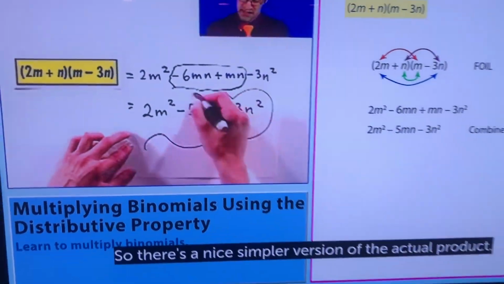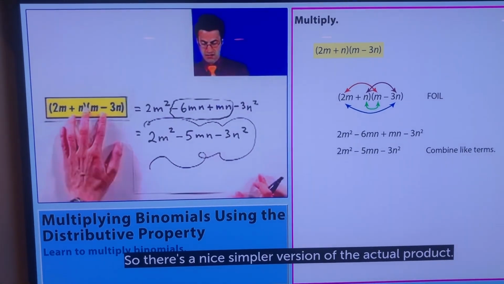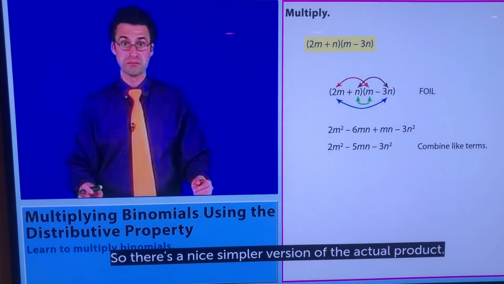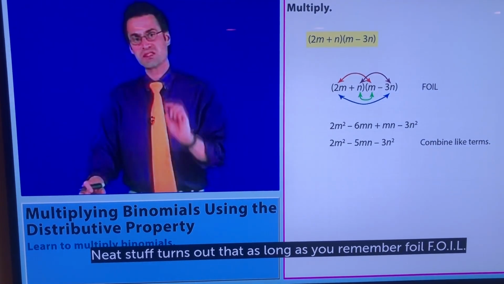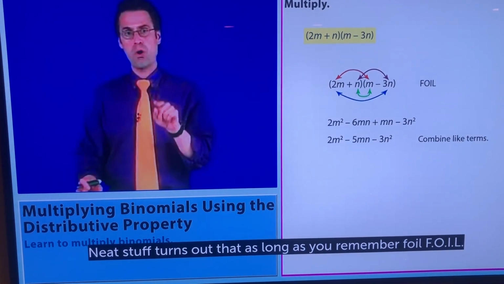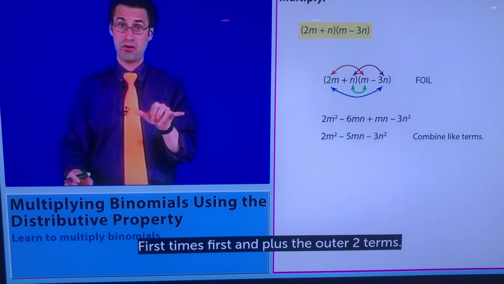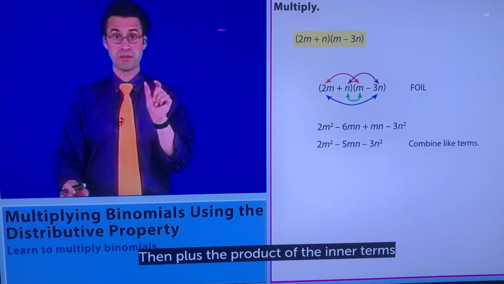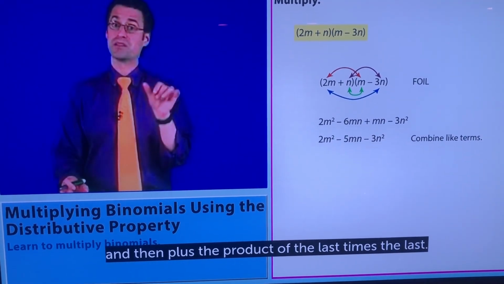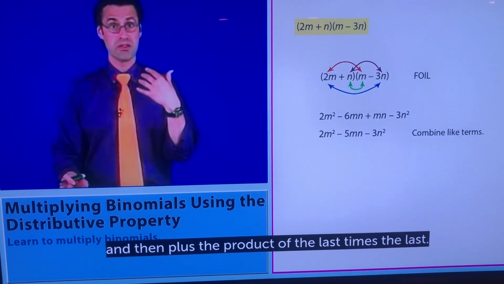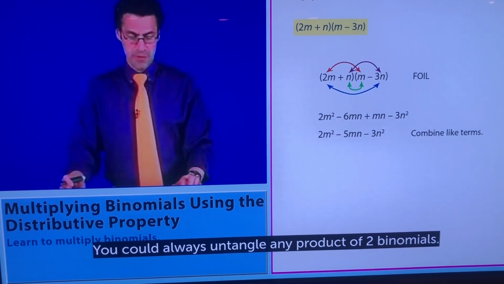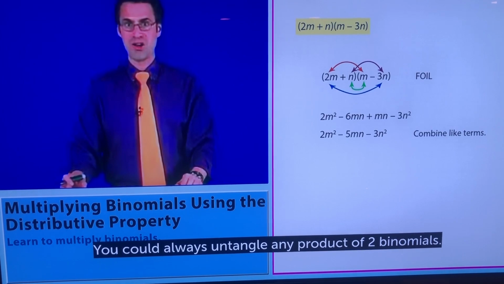So there's a nice simpler version of the actual product. Neat stuff. As long as you remember FOIL, first times first, then plus the outer two terms, then plus the product of the inner terms, and then plus the product of the last times the last, you can always untangle any product of two binomials.